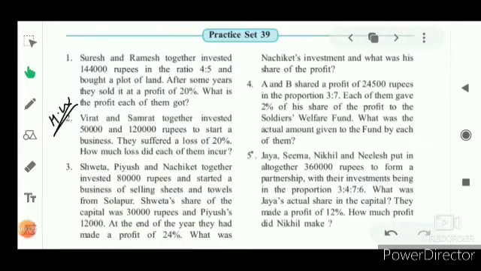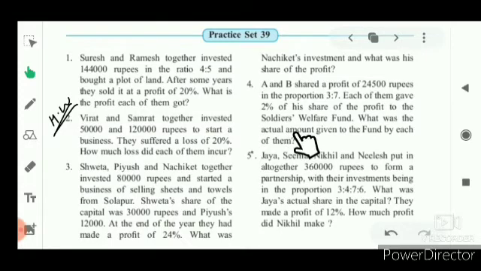Let's see another question. A and B are two persons who shared a profit of 24,500 rupees in the proportion 3:7. Each of them gave 2% of his share of profit to the Soldiers' Welfare Fund. What was the actual amount given to the fund by each of them?